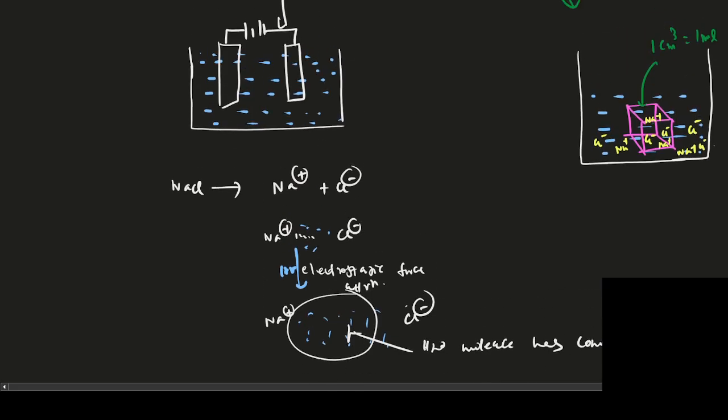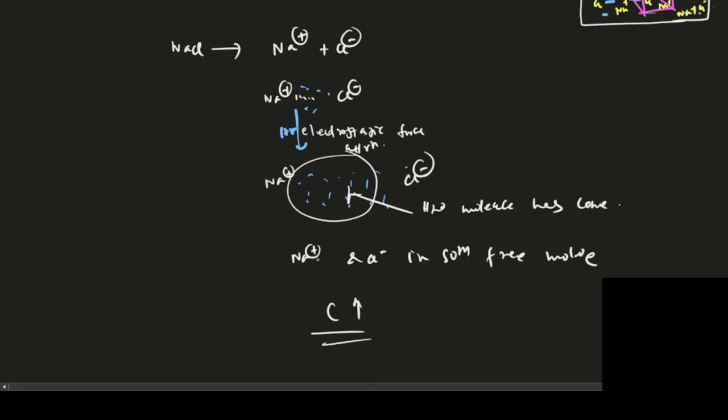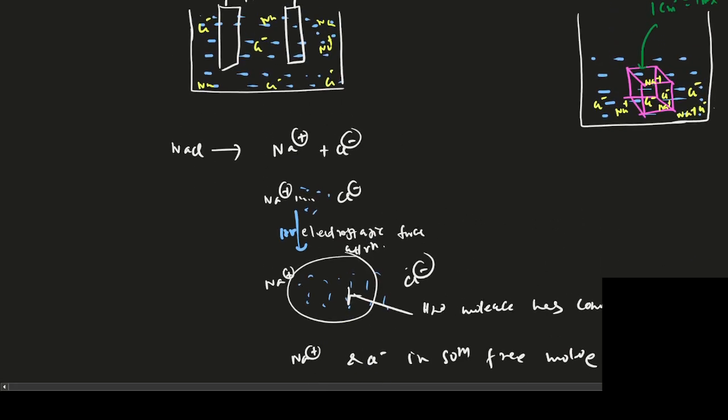Here the Cl minus and Na plus will move far away, the ions will move far away, and the attraction between these ions will decrease, so the conductance will increase.